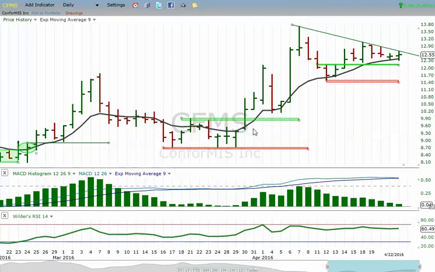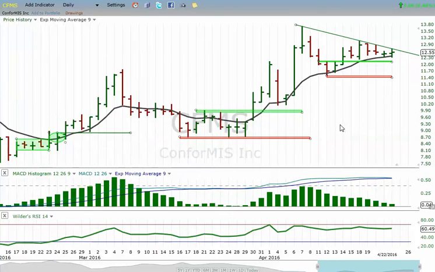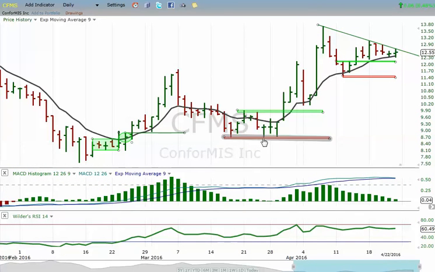But the idea is that, it's set up a second time with basically the same type of thing, and once it popped back above the 9 EMA, it started sloping up, and quite frankly, it's kind of set up again. Right, you'll get these pullbacks to the 9 EMA and then bounce off of it and resume the trend. And of course, there's other things I look at, the stochastics, the MACD, the RSI that I have here.